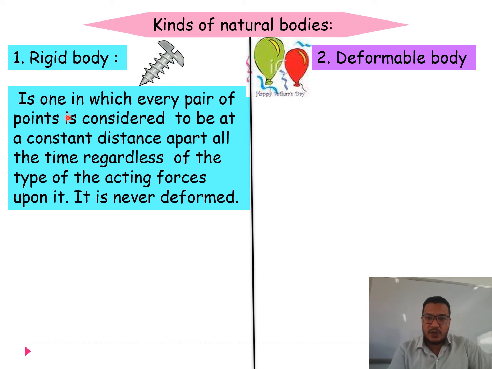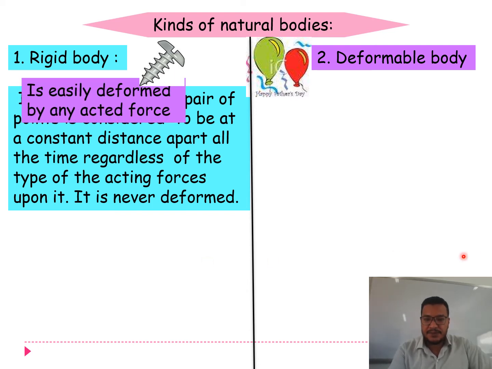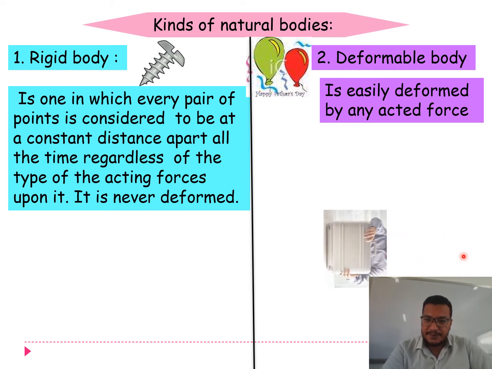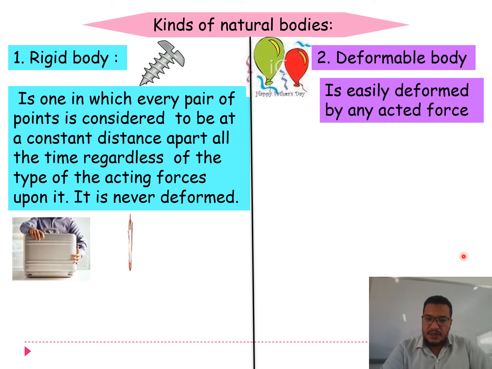The rigid body is one in which every pair of points is considered to be at a constant distance apart at all times, regardless of the type of acting forces on it. It is never deformed. The second one is easily deformed by any acting force. This is an example.